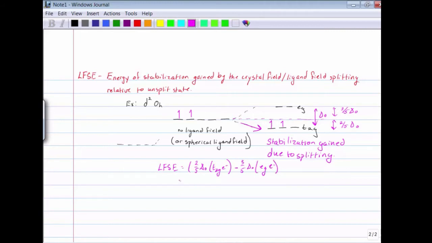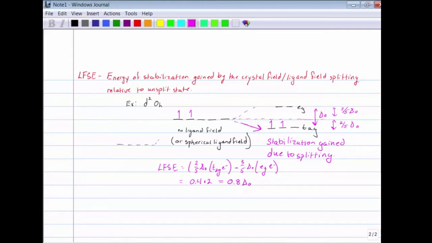And in this case, that ligand field stabilization is simply 0.4 times 2. And there's no pairing energy, so you don't have to worry about that. So the ligand field stabilization energy is 0.8 delta O. So it all depends on how big that split is, really. So it's 0.8 delta O.